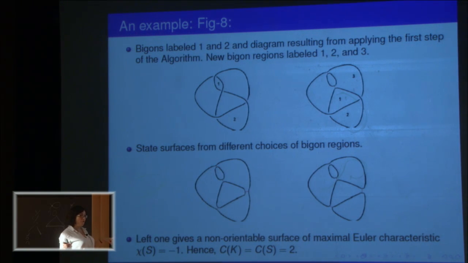I've got to consider all of them. And one thing that's kind of amusing, and it comes in the proof, is that in the end, you might have both orientable and non-orientable surfaces that have the same Euler characteristic, okay?